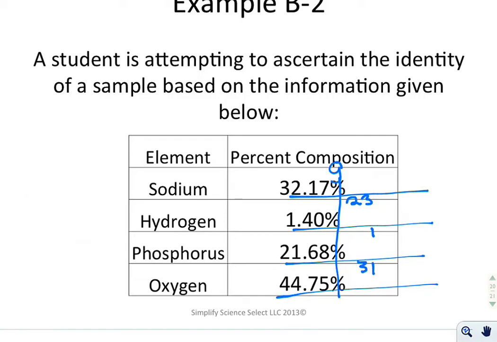and oxygen is 16. When you divide that out, you end up with 1.4 moles of sodium, 1.4 moles of hydrogen, 0.7 moles of phosphorus, and 2.80 moles of oxygen.